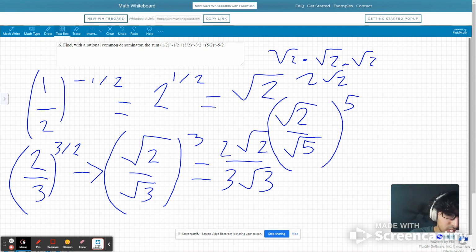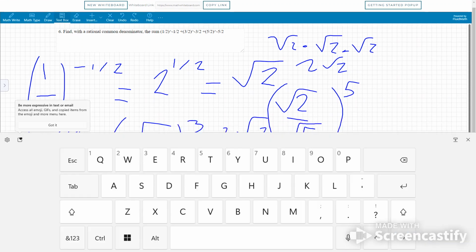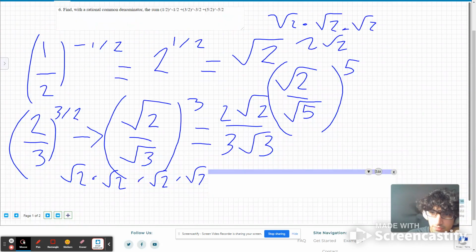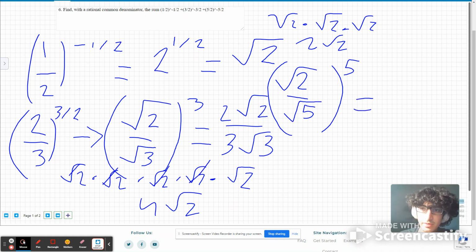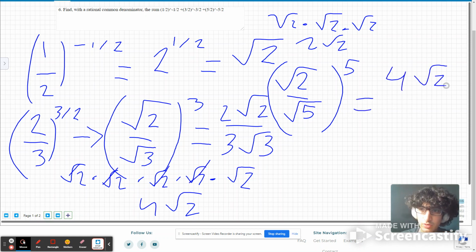So root 2 times root 2 times root 2 times root 2 times root 2 is going to be 4 root 2. Do you see? Because these cancel and then these cancel, so it's 2 times 2. So that's going to be equal to 4 root 2 all over, and then same thing for here. So let's follow the pattern. So it's going to be 25 root 5.